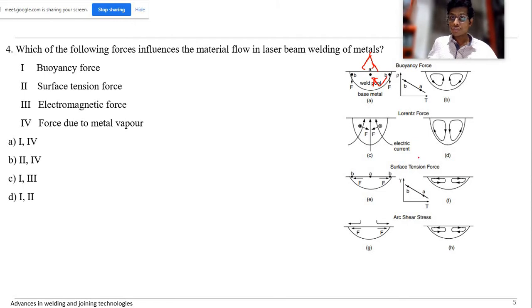Because of these forces only, whether we get a stable bead, a wider bead, or higher penetration is decided by these forces. And for computational fluid dynamics modeling also, we'll apply these forces to get the bead. So 4D is the option.